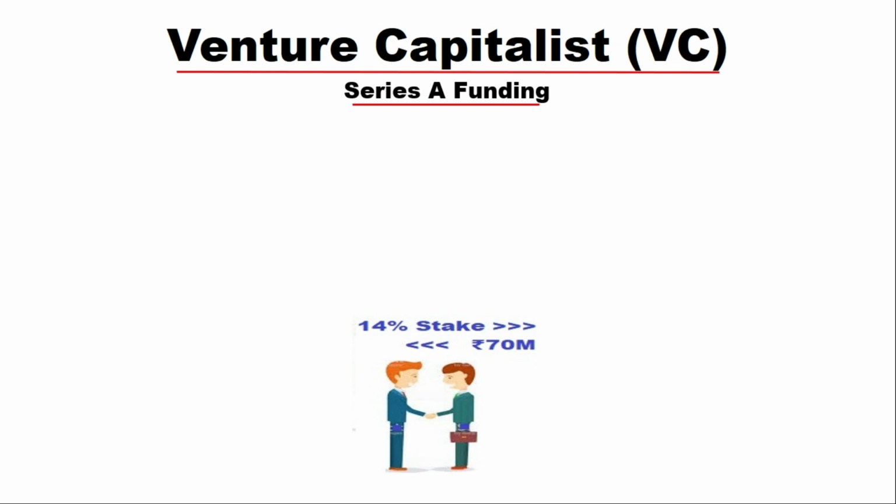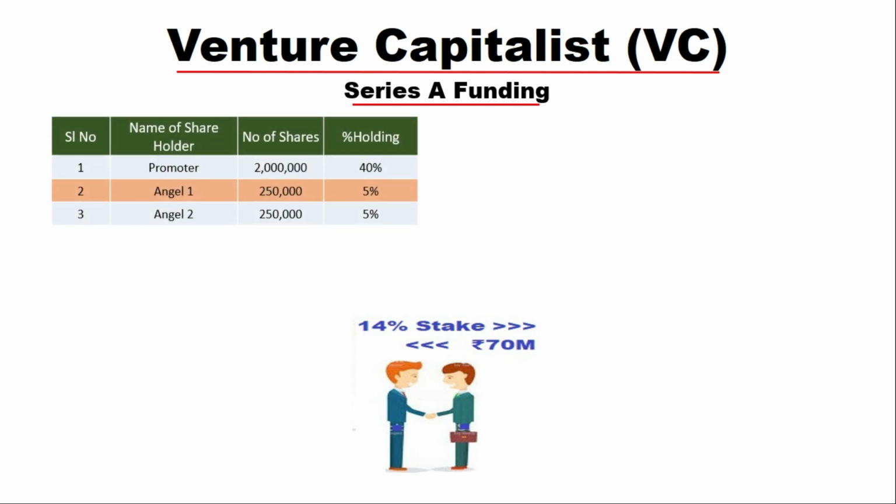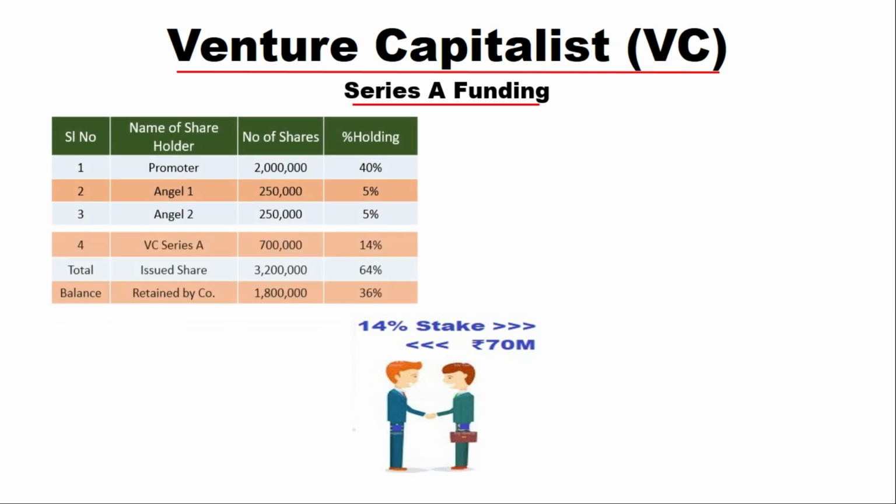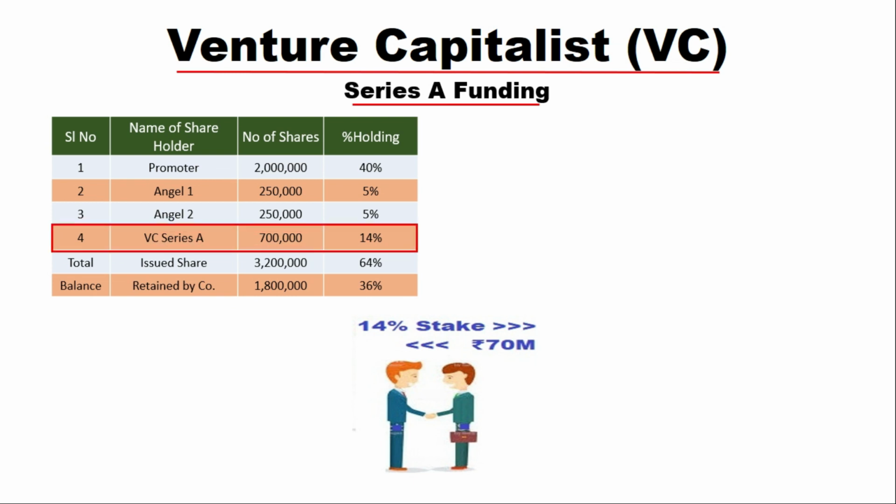After the company agrees to allot 14% of the shares to the venture capitalist from the authorized capital, the shareholding pattern will look like this. The balance 36% of shares is still retained within the company and has not been issued. Now, with the venture capitalist's money coming into the business, a very interesting development has taken place.